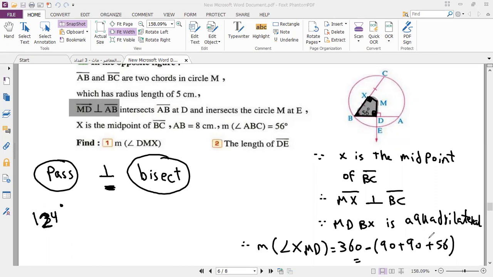So this angle is going to be 124. This is the first required.